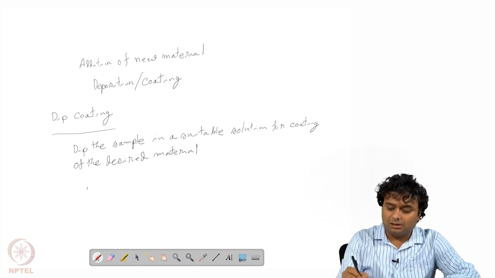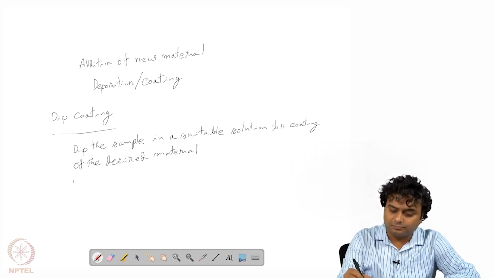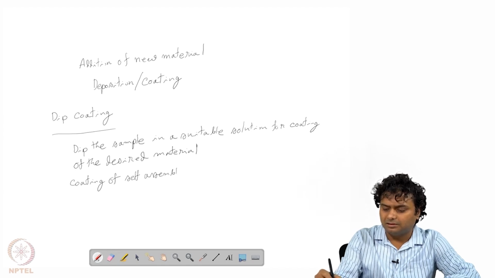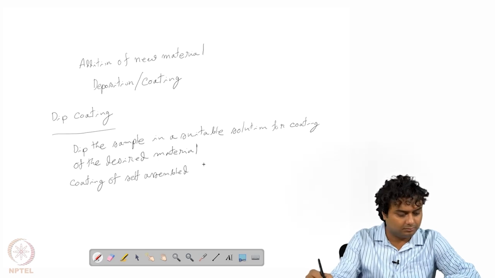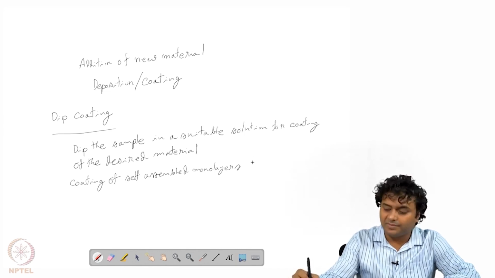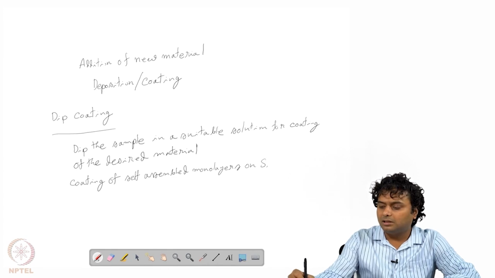An example of this technique is coating of self-assembled monolayers on, let us say, silicon or some other substrate.